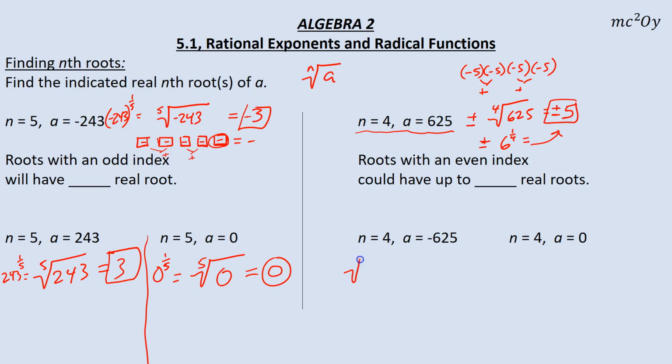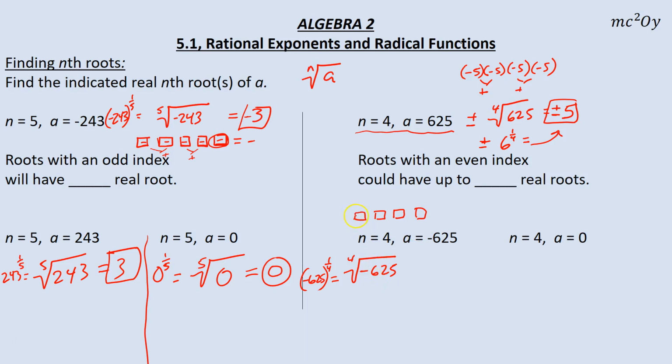Okay, well, let's go ahead and do the fourth root of negative 625. Or another way to think about it is negative 625 to the 1/4 power. So what number times itself 4 times makes negative 625?